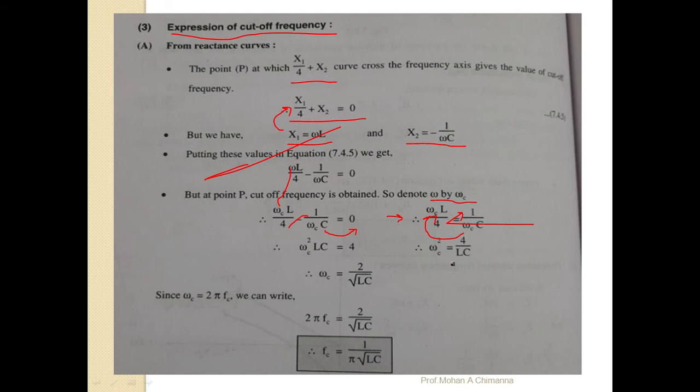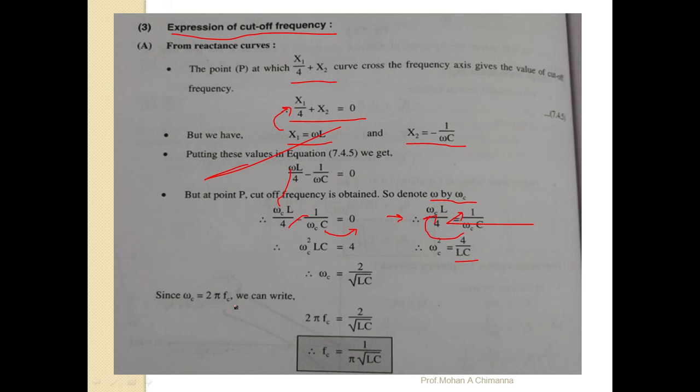So omega C square is equal to 4 upon LC. Take the square root on both sides: the square root of 4 is 2, and the square root of LC stays. So omega C is equal to 2 upon square root of LC.